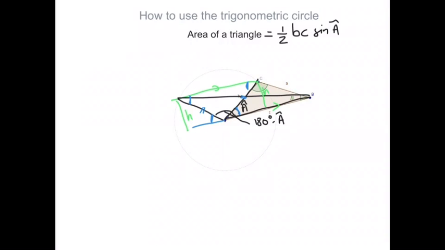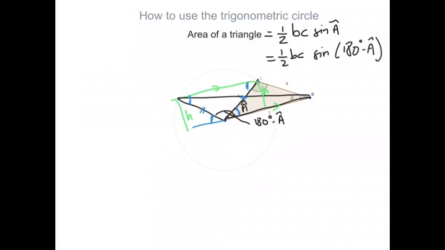Okay, so if we use the formula to write the area of this triangle here, we are going to find half of BC sine of 180 degrees minus A. So this clearly shows that these two sines must be equal to ensure that the areas of these two triangles are the same, and that the formula is valid for acute and obtuse angles as well.